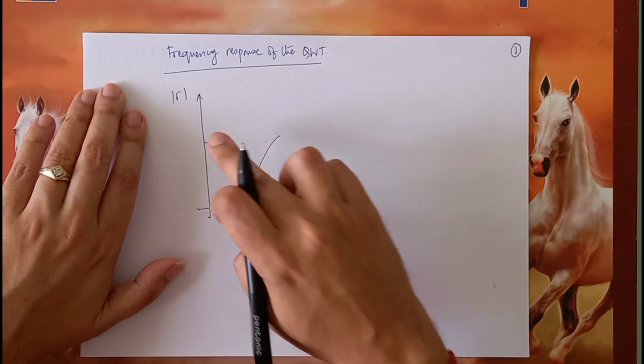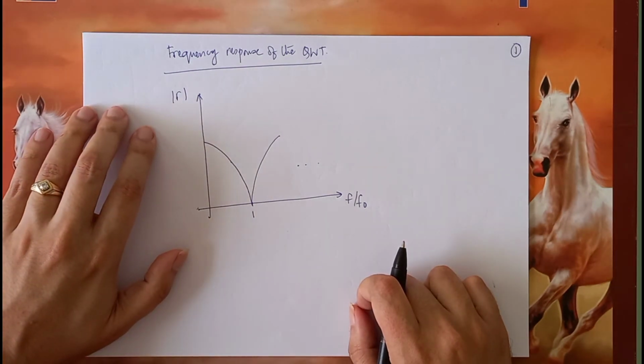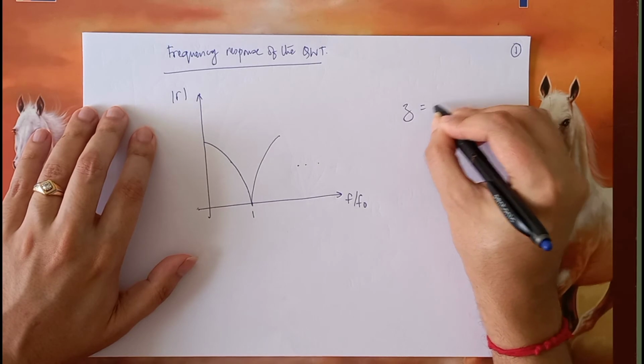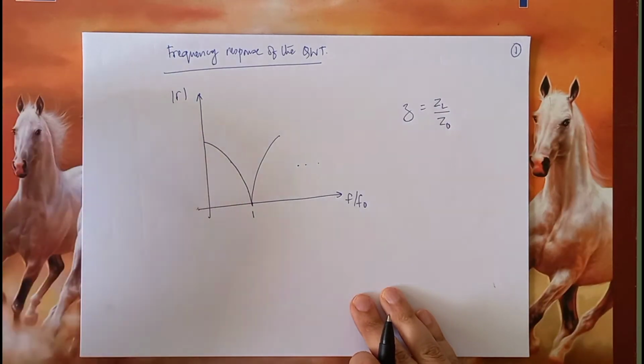So the maxima that is offered in the mod gamma depends on the normalized load impedance, that is small z, which we defined as ZL by Z0.